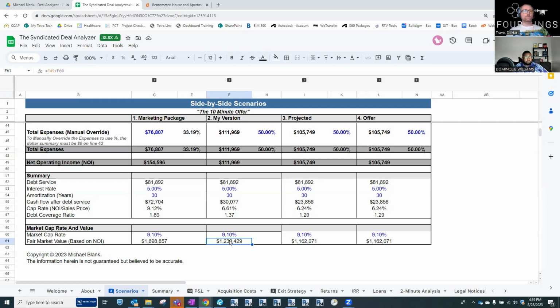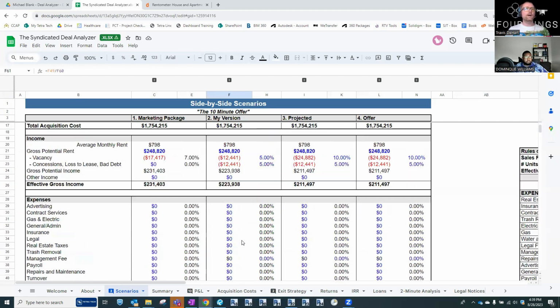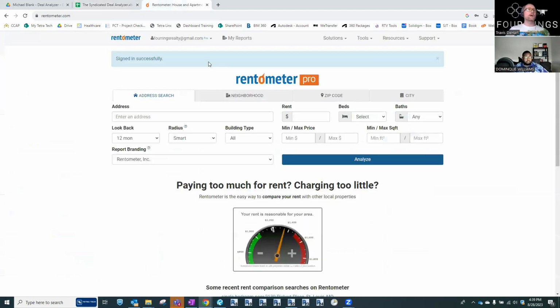And a couple of things that you can do to verify some of the information that's here. So you can see here, the average monthly rent is $798. And so if you have a Renometer account, you can actually verify this. The property address that we're evaluating here is 7519 Lane Street in Baltimore, Maryland.